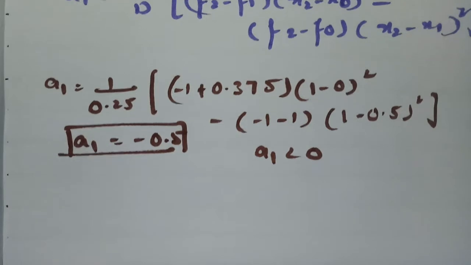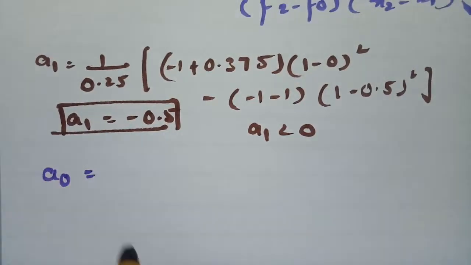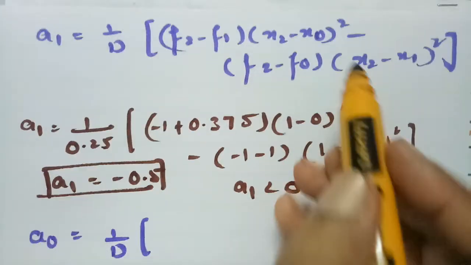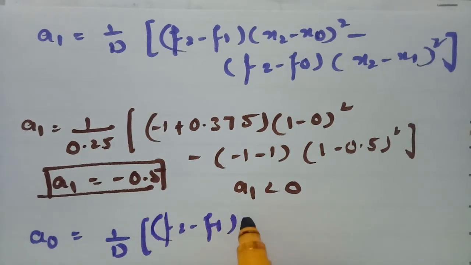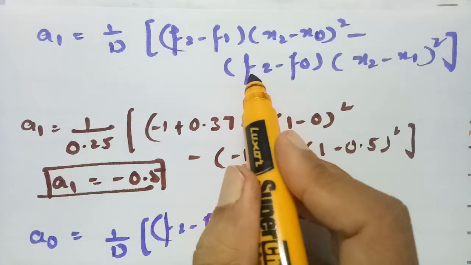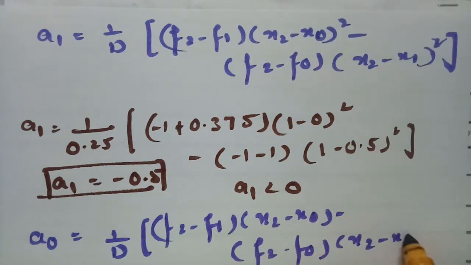Now I need the value of A0. What is the formula for A0? A0 is equal to again 1 by D times of the same formula, but there will be no square here: (F2 minus F1) into (x2 minus x0) minus (F2 minus F0) into (x2 minus x1).